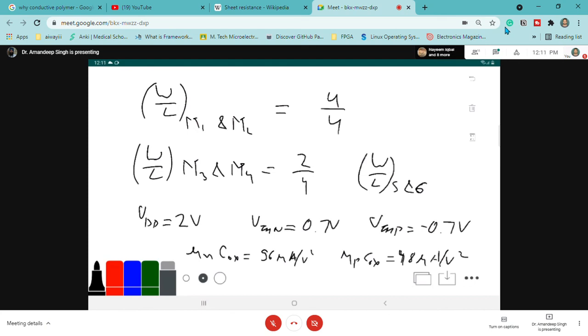I'm getting 0.7. कितना आया? 0.7 it says. 0.7. Around like 10.